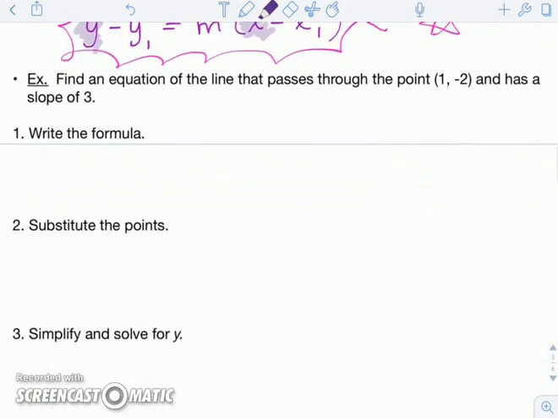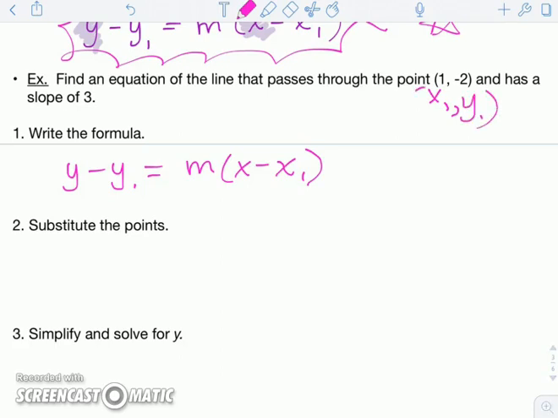So the example says, find an equation of a line that passes through the point 1, negative 2, and has a slope of 3. So first thing I'm going to do is write my formula. So y minus y1 is equal to m times x minus x1. In this case, x1 is 1, y1 is negative 2. So I'm going to sub in the points.